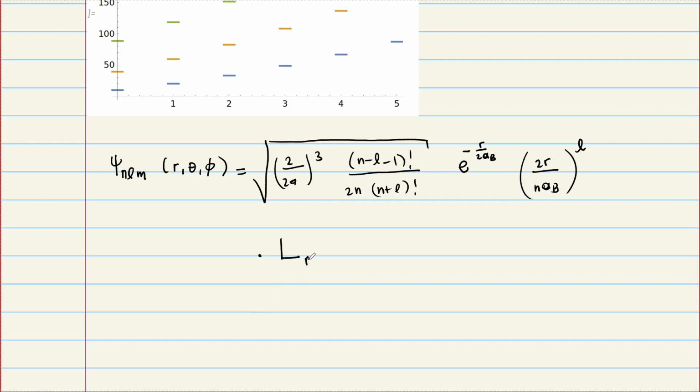It is actually the associated Laguerre function, n minus L minus 1 to L plus 1, of r over n a-bar. And lastly, there's the angular dependence, which we are going to understand better today and in the coming lectures, which is the spherical harmonics Y_L,M of theta and phi, right?